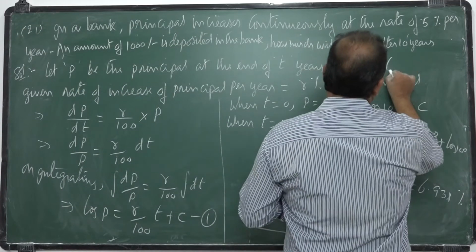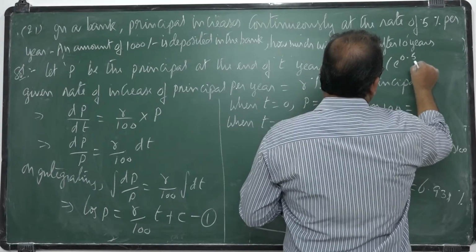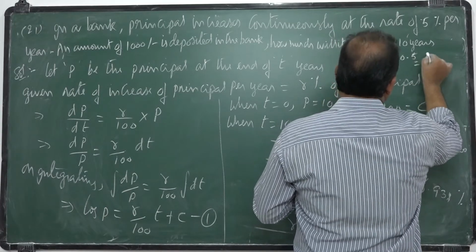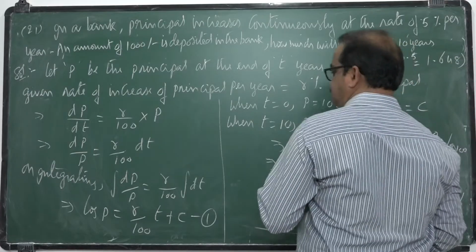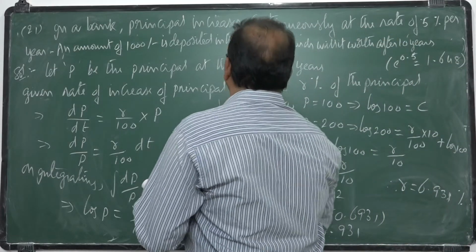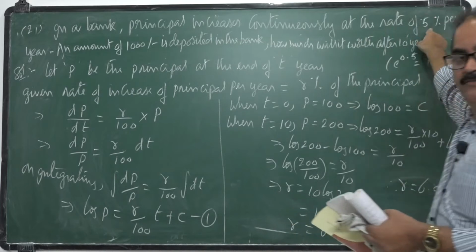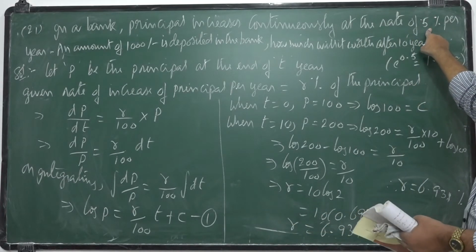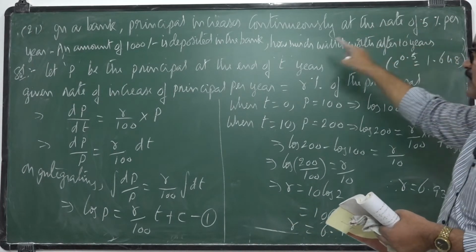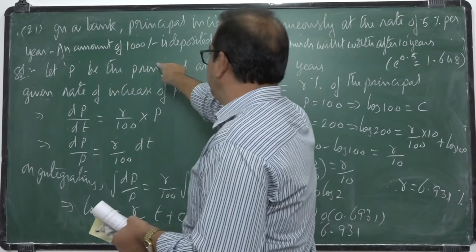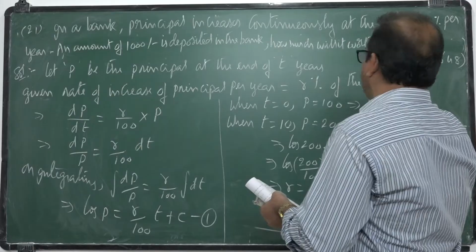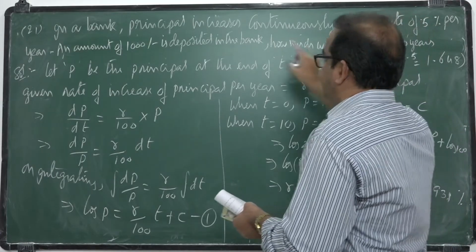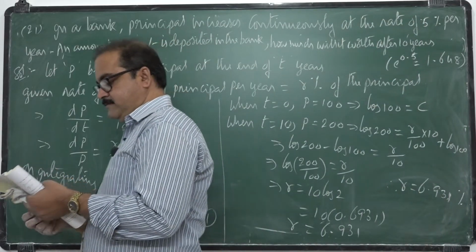One value is given, e to the power of 0.5 is equal to 1.648. Rate of interest given by the bank is 5% per year. Initially, how much amount deposited in the bank? 1000 rupees. We find after 10 years what is the amount in the bank.